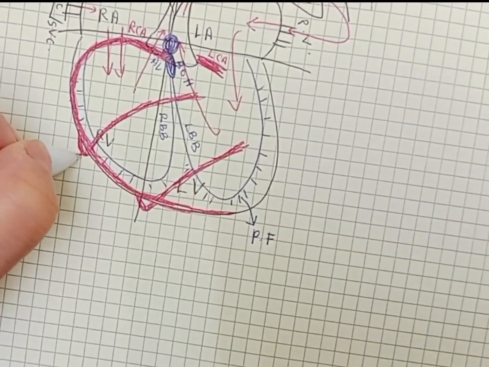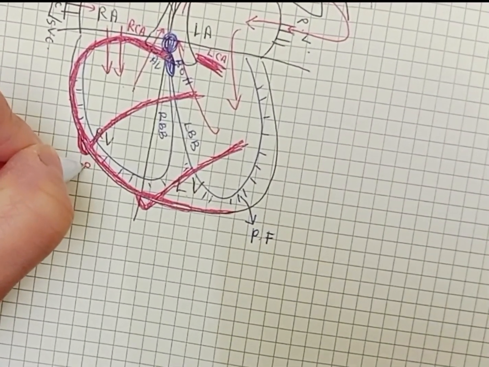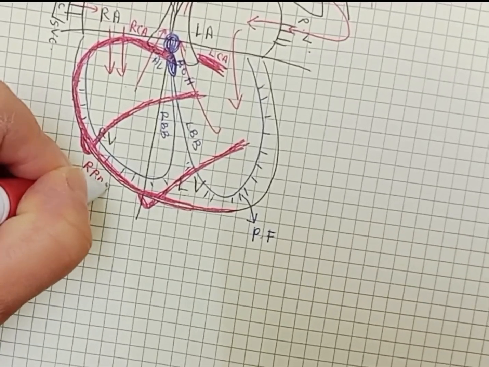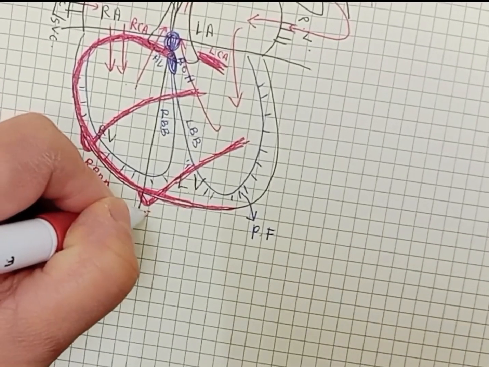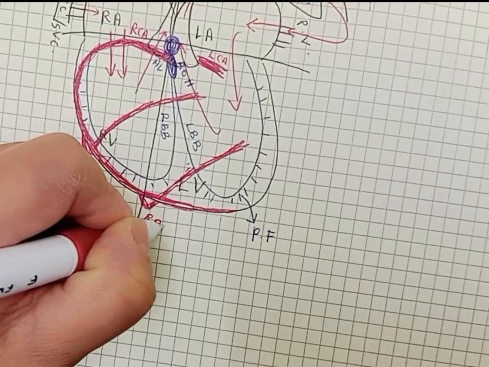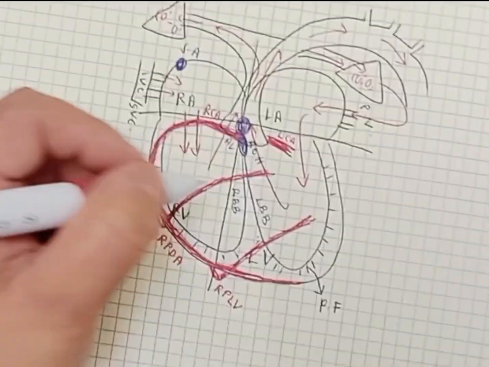Here is the RCA. This one is the right posterior descending artery and the right posterior left ventricle branch.